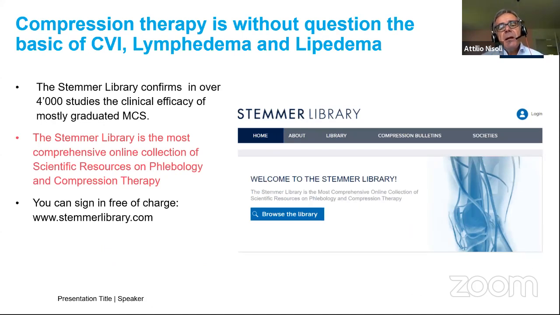Compression therapy is without question the basis of treatment for chronic venous insufficiency, lymphedema and lipedema. And I'm sure you might have heard about the Stemmer Library. The Stemmer Library confirms in more than 4,000 studies in the meantime the clinical efficacy of mostly graduated medical compression stockings. The Stemmer Library, as it's called so far, will change its name, we'll see that afterwards.